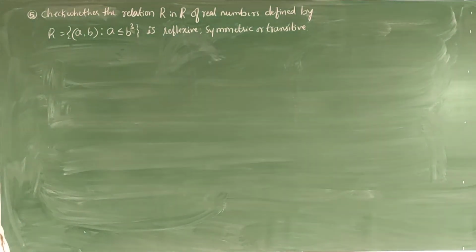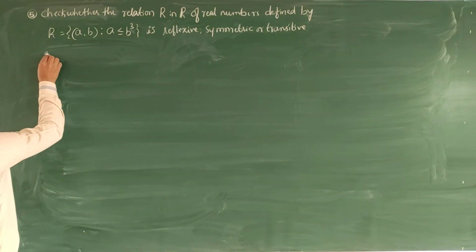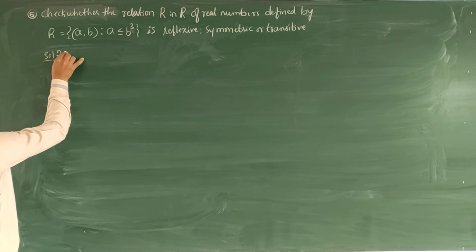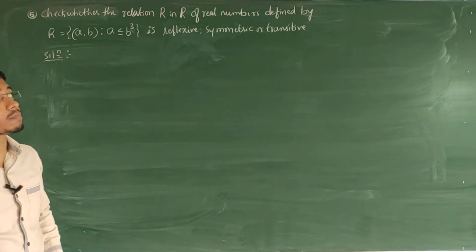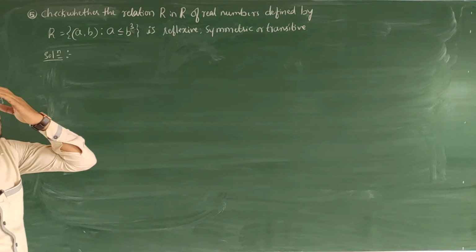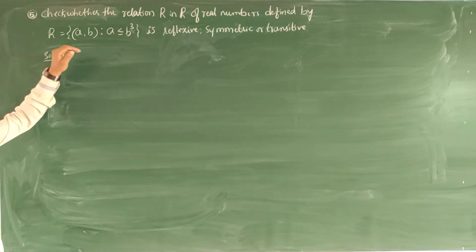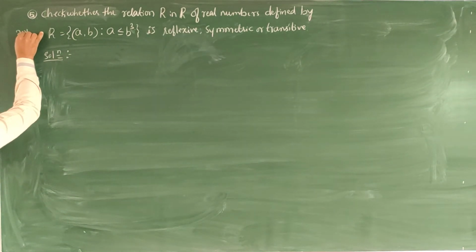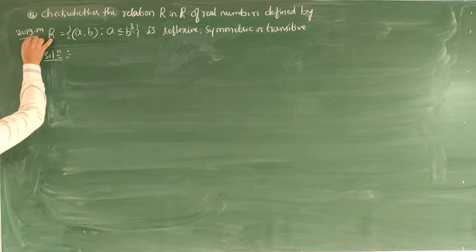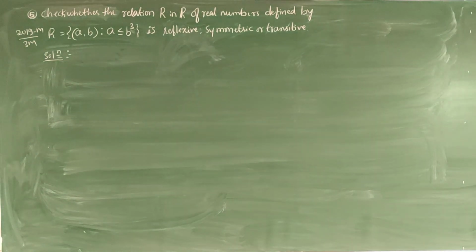So if they give problems like this, let us check this by taking particular numbers from the set of real numbers, because it is asked in the 2019 annual examination, March 2019, for 3 marks.